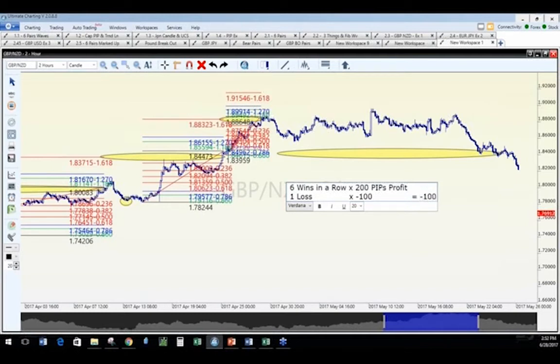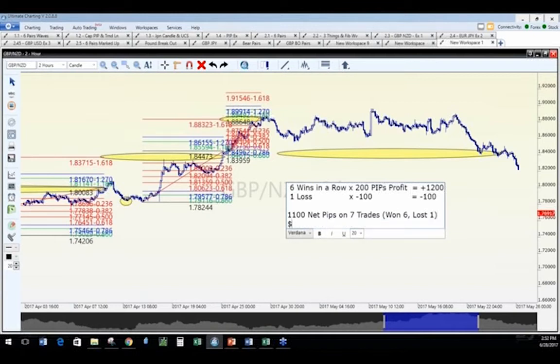This up here would equal plus 1200. So on this series, for example, this isn't exact numbers. I actually think that the numbers would have been a lot higher, but this is an example where it would have been 1100 net pips out of 7 trades. Okay, you won 6, lost 1 trade.